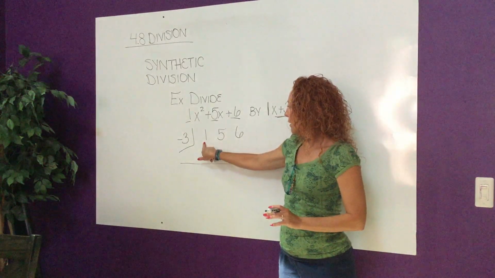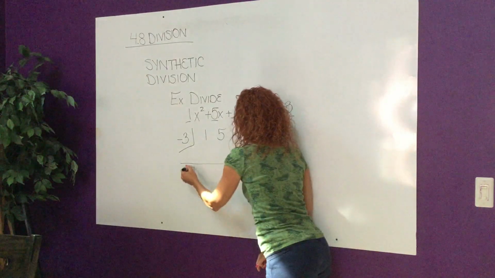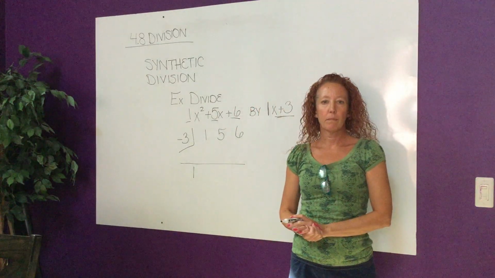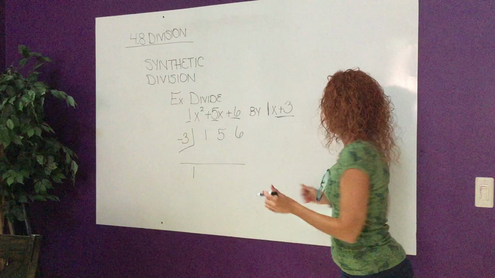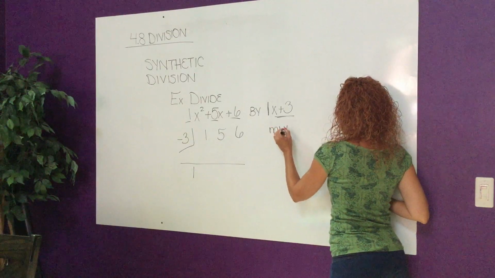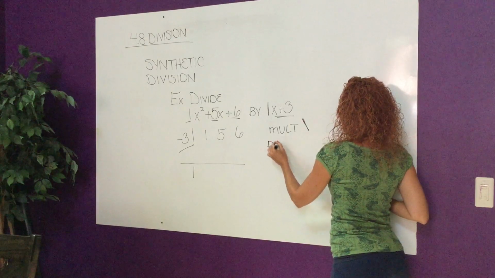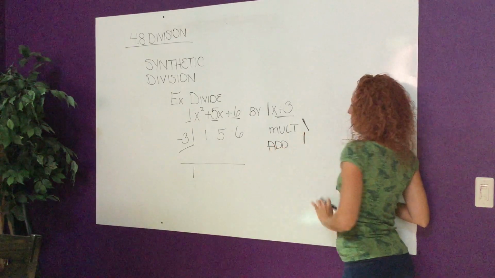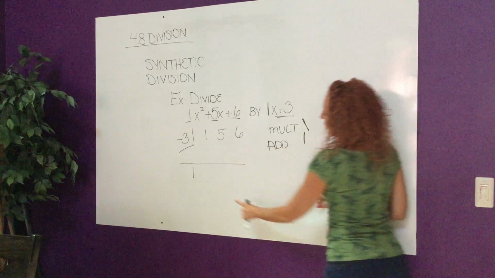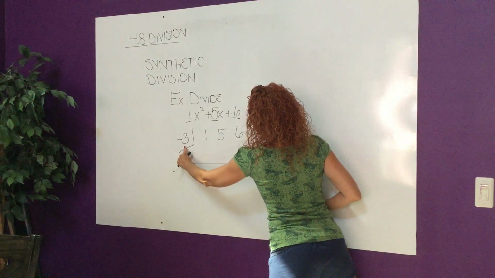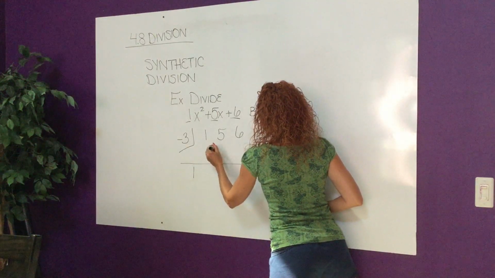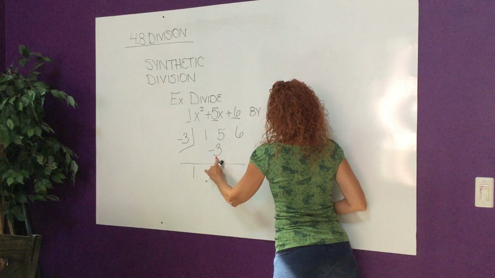So step 1, bring down the first number. Then the only two things we're going to do are multiply diagonally and add straight down. So we multiply 1 times -3 and come up with -3, and we put that right there.